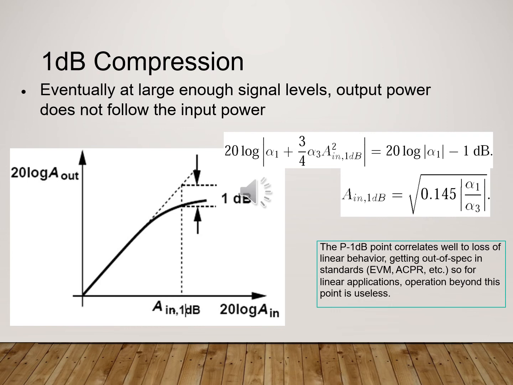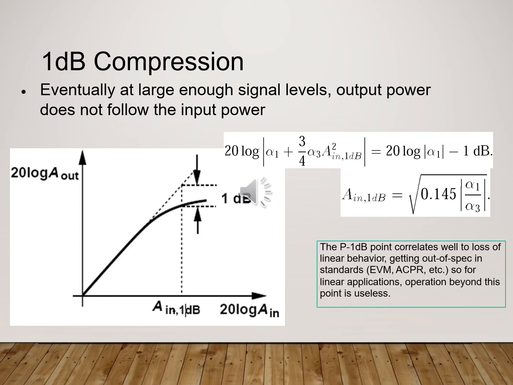Now, one can define from these figures the 1 dB compression point as the output power level at which the gain decreases 1 dB from its constant or ideal value. Once an amplifier reaches its power 1 dB point, it goes into compression and becomes a nonlinear device, producing distortion, harmonics, and intermodulation products.